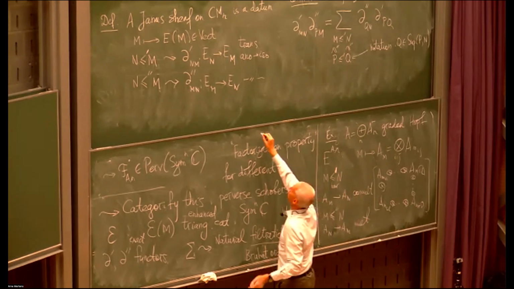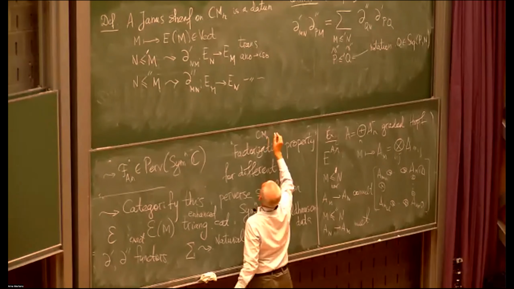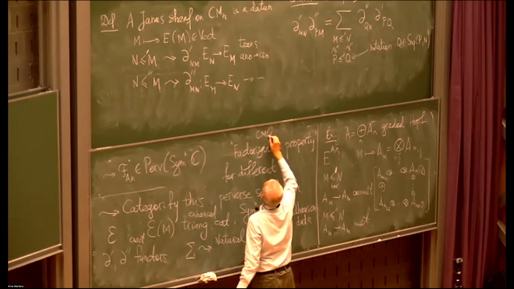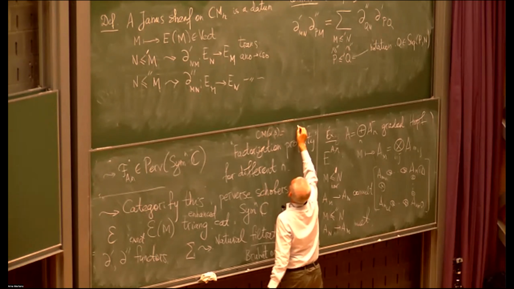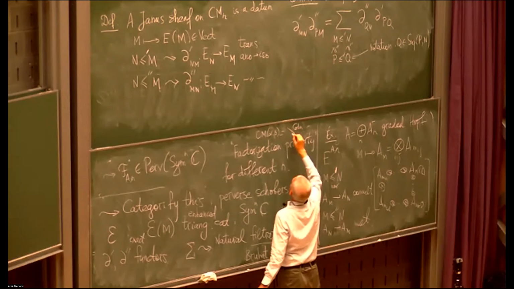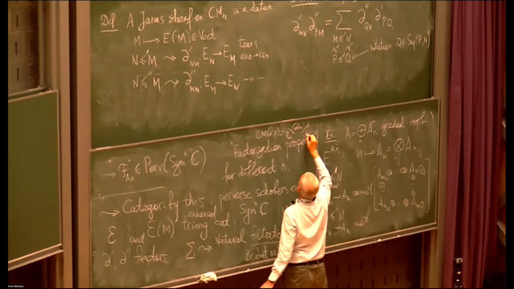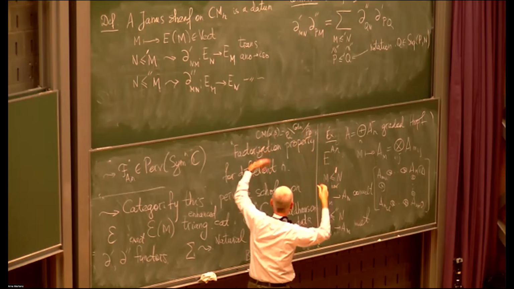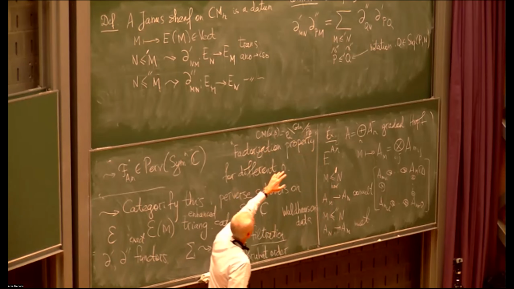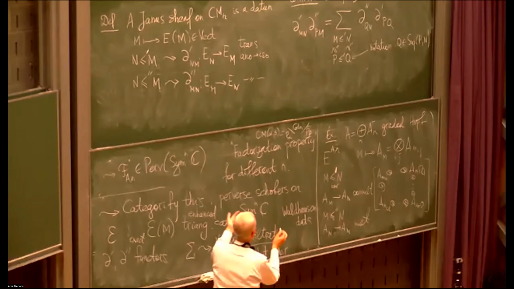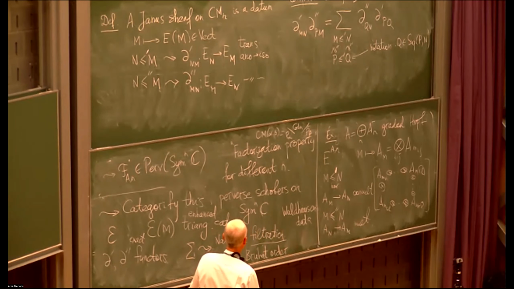Say, the set C_m of alpha, beta equals GL_n by P_alpha by P_beta, certain orbits, they have a natural order. And the other version is a product of such things, with the natural order.